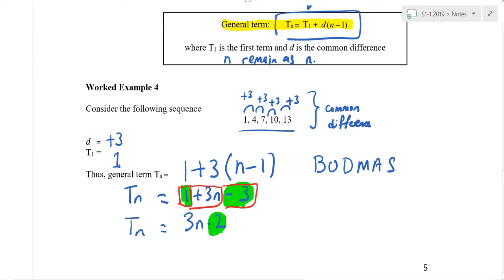You never respect BODMAS. BODMAS says who must do first? Left to right. Who must do first? Bracket, then division and multiply.